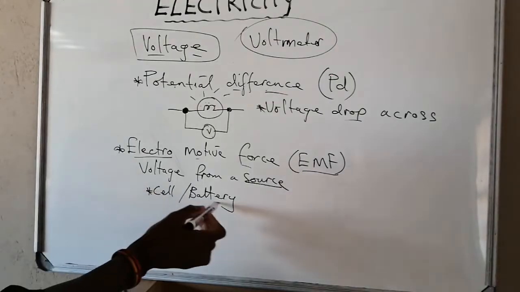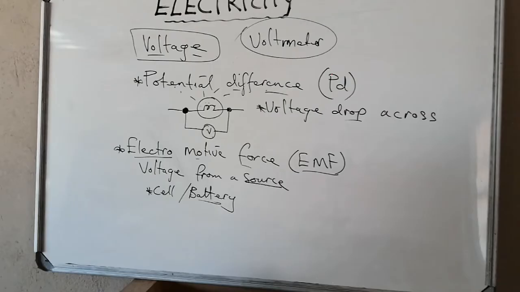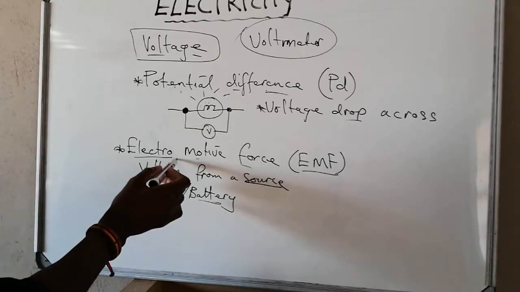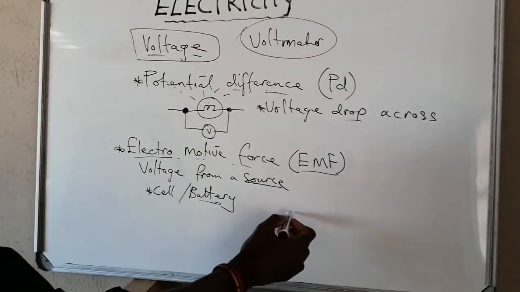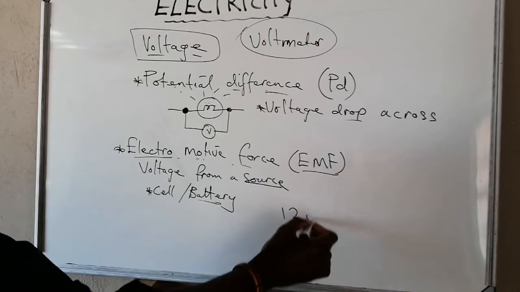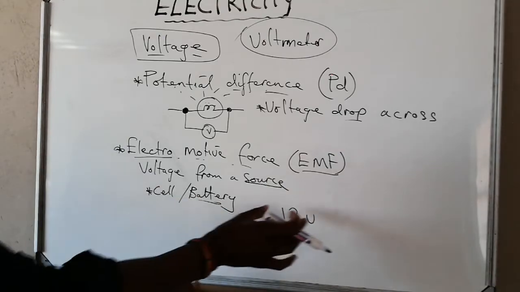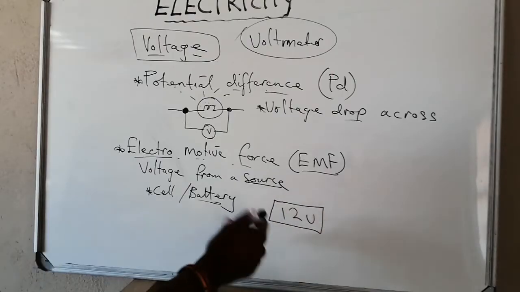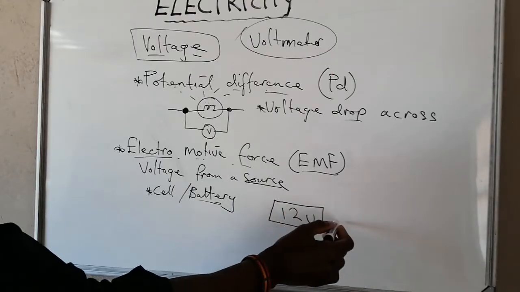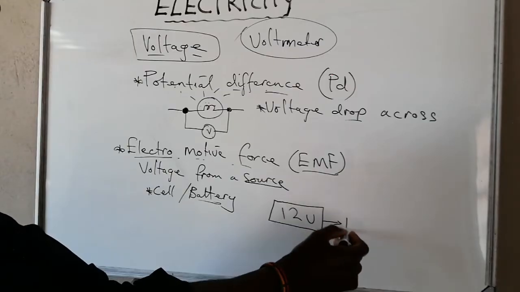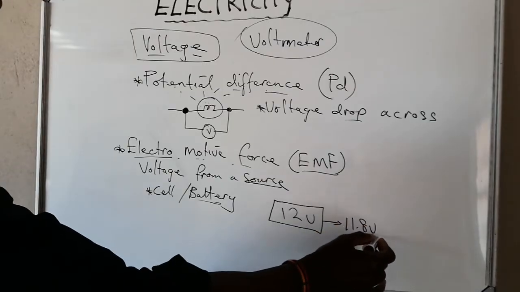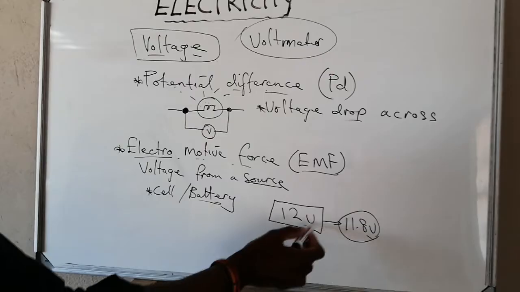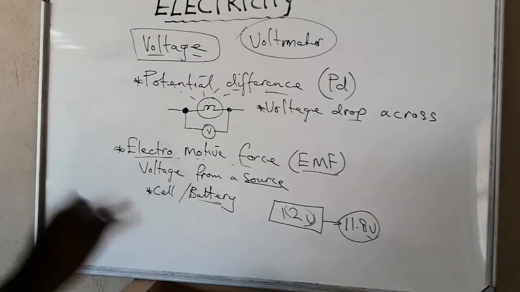However, a battery can also have potential difference if the battery has internal resistance. You might find that the EMF of a battery, let's say, is 12 volts, but due to internal resistance inside that battery or that cell, you find that at the end the battery is only giving out maybe 11.8 volts. The other 0.2 volts has been lost due to the internal resistance.